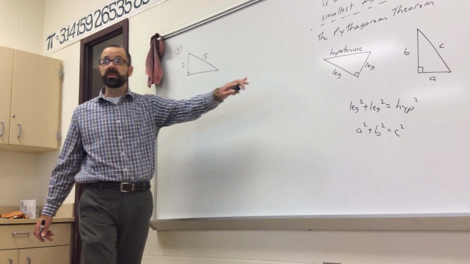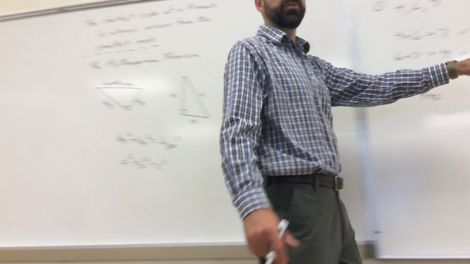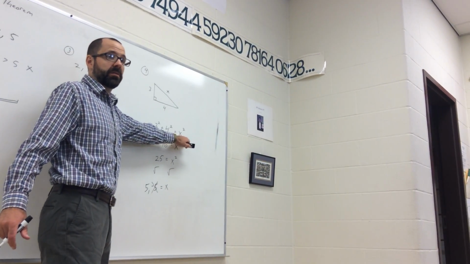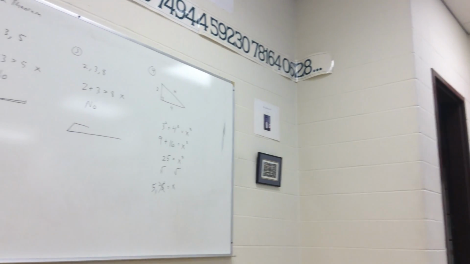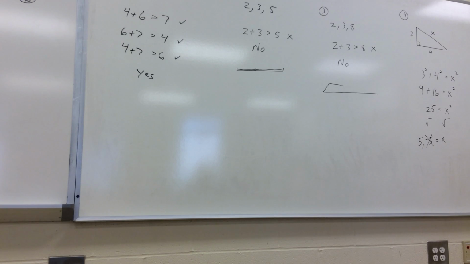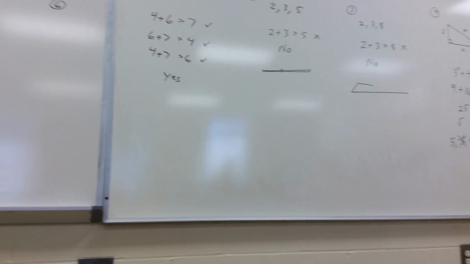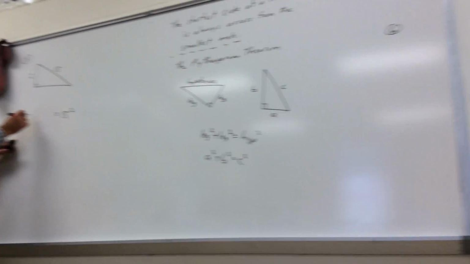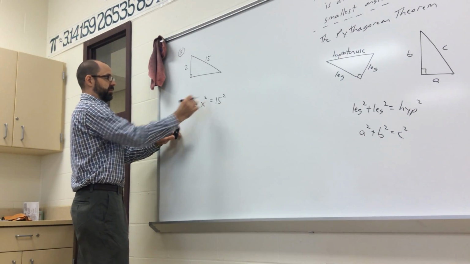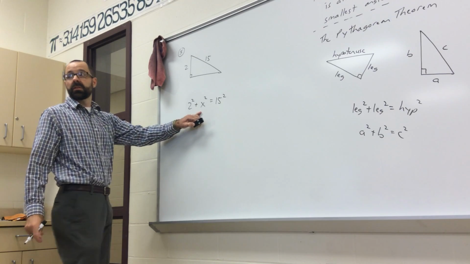On the last problem, we didn't know the hypotenuse. So that's why we put x squared. But on this one, we know the hypotenuse, so we're putting 15 squared. And then what we don't know is the legs. Well, we know one of the legs, it's 2. And then the other leg is, we'll call it x, I guess.